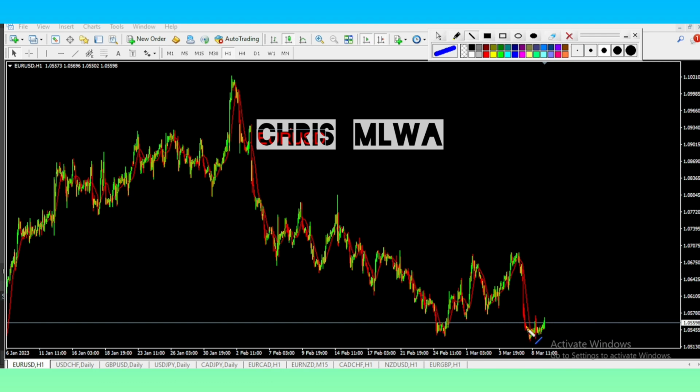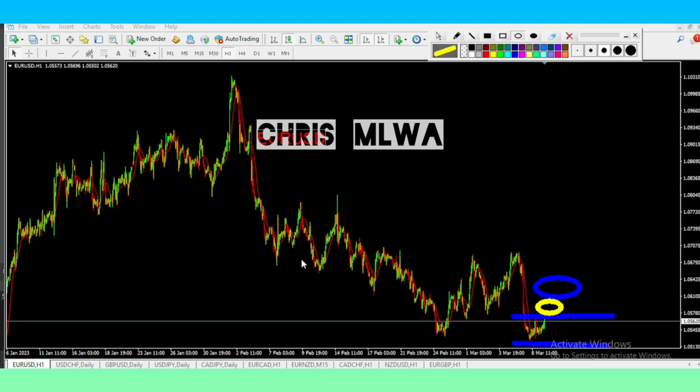So here you can see a zone, like a consolidation, and the highest point was there. So I'll put there and put there. Then I will place my trade. I will trade this currency once the market leaves this zone, at a point like this, I will place my trade.